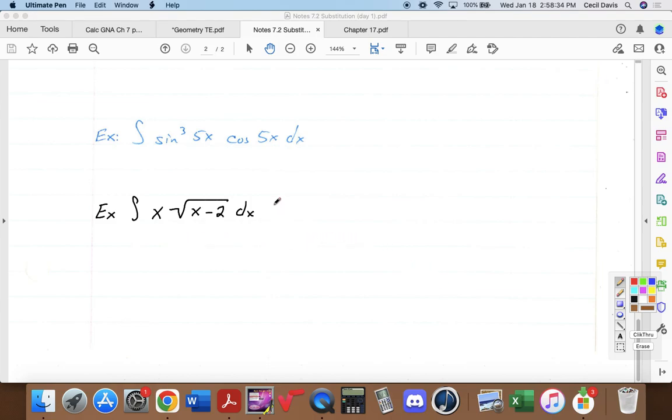And at first you're like, okay, well, that's not so bad. That'll be the integral of x minus 2 to the 1/2 power times x dx. So I'm going to let u be equal to x minus 2, so that du is just dx.